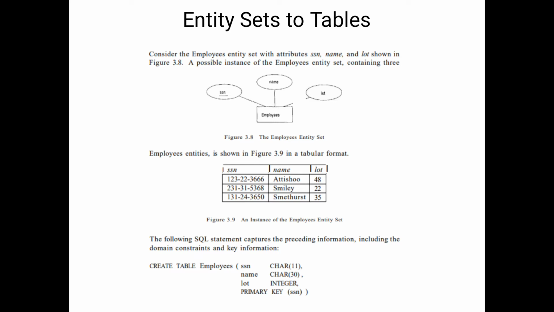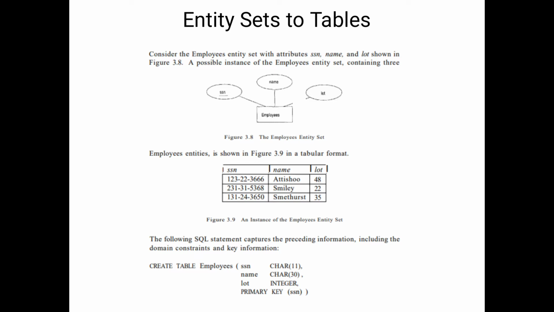Here we have three different attributes with the employee entity: SSN, name, lot. Please observe the SSN attribute. Here an underscore is also available. That means SSN is the key attribute in the employee table.